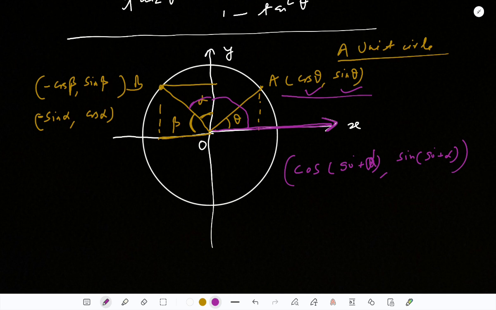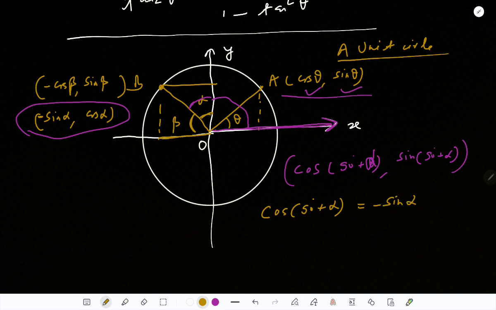And that means if you compare these two results in terms of alpha, you could have agreed at this moment that cos 90 plus alpha will be minus sin alpha, because these two are the coordinates of the same point, so they must be the same, and sin 90 plus alpha must have been cos alpha.